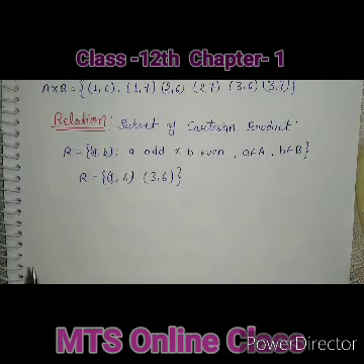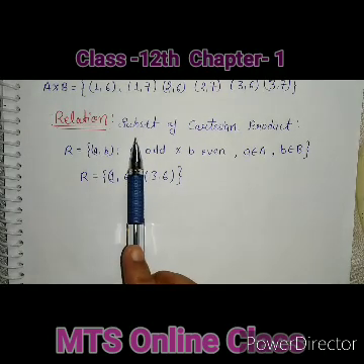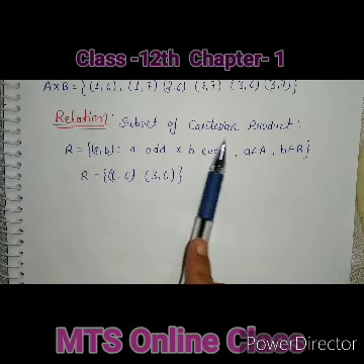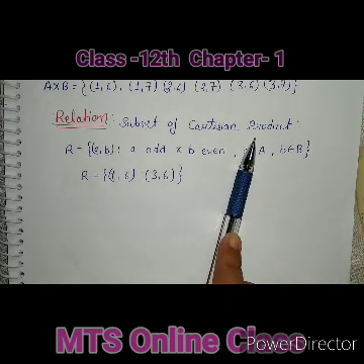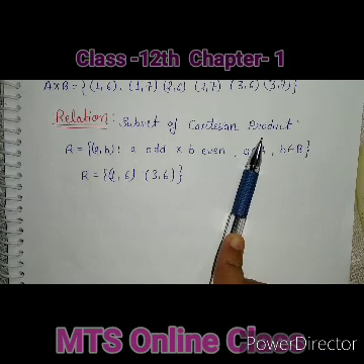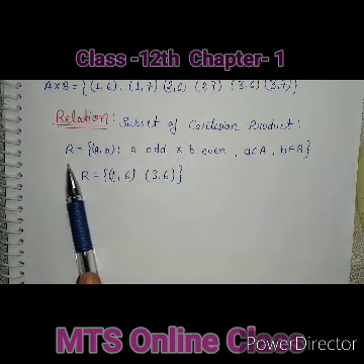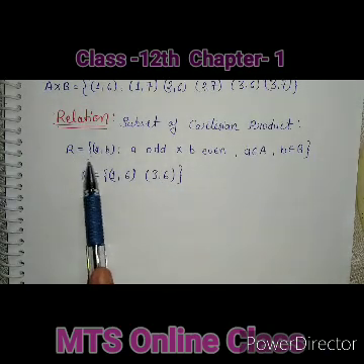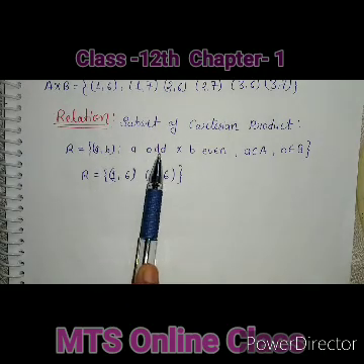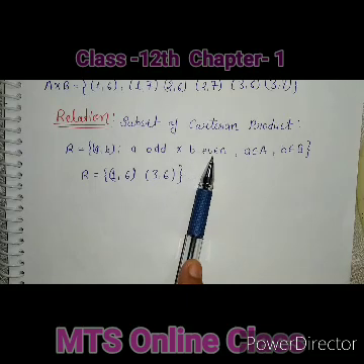Next, relation. Relation, in a simple way, we can say is a subset of the Cartesian product. First we find the Cartesian product, and if we define one relation R = {(a, b) such that a is odd and b is even}.